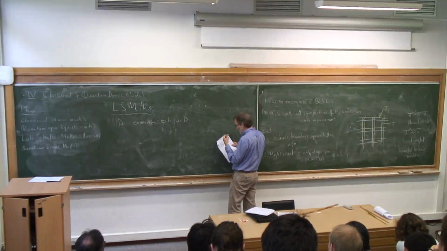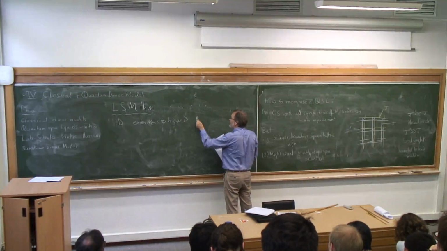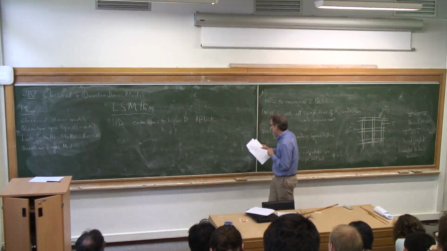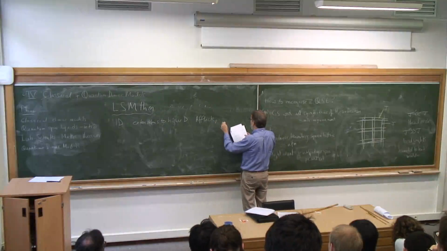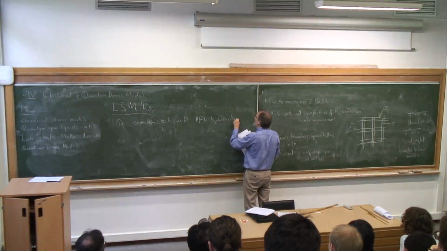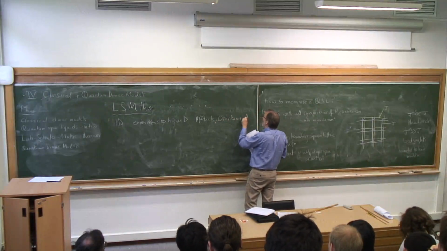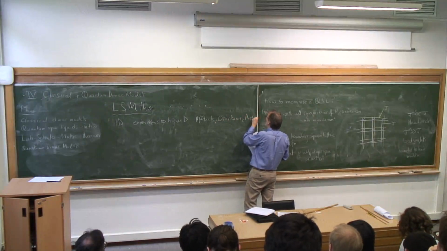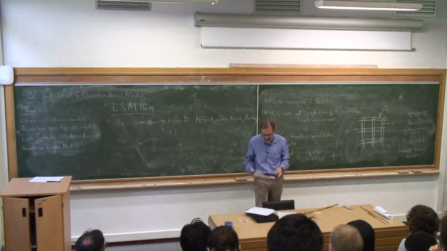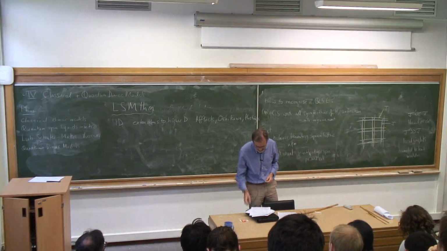And the higher dimensional extensions were discussed with increasing levels of sophistication by Affleck and by Oshikawa and by Hastings. And the words that I'll say are at the level of Affleck's paper.